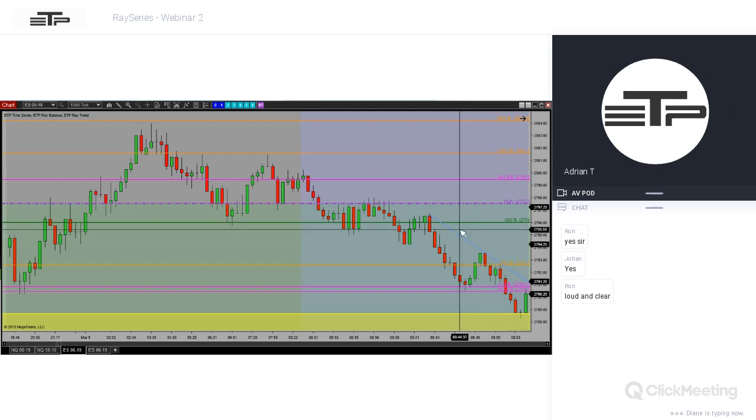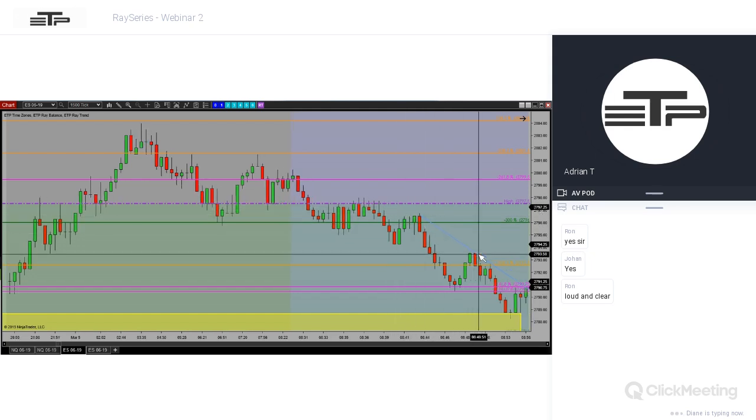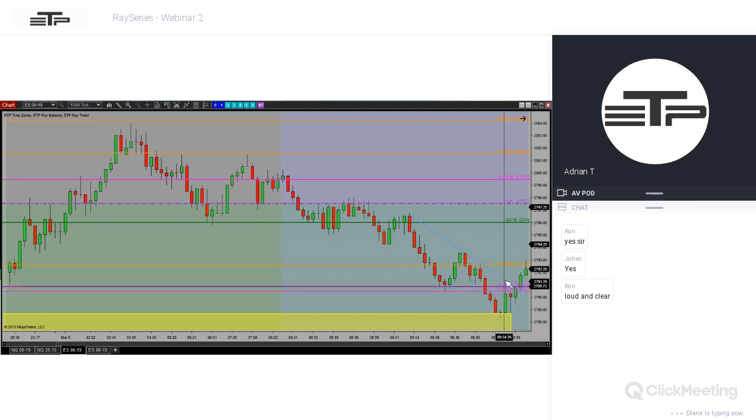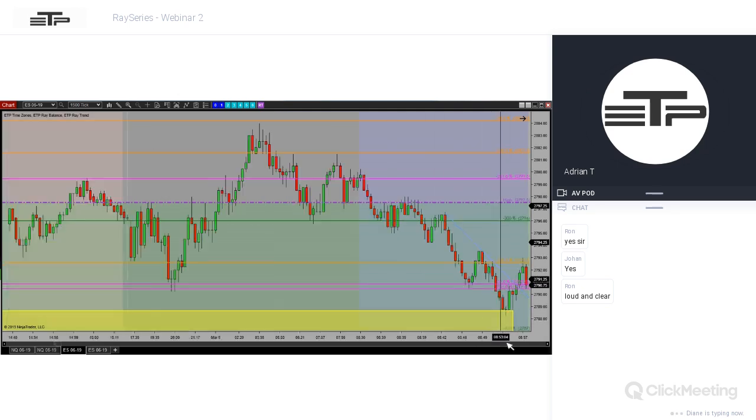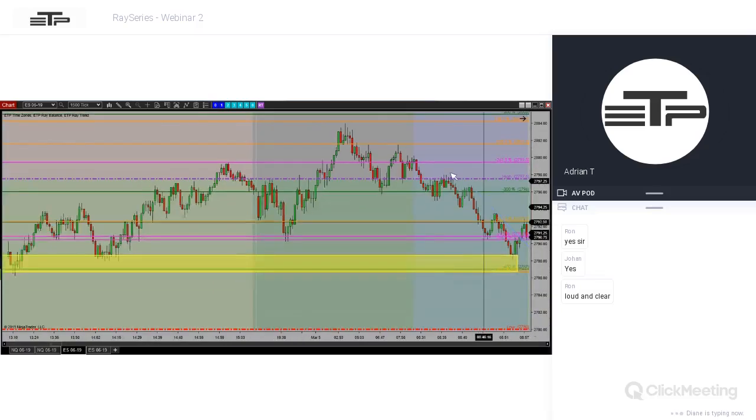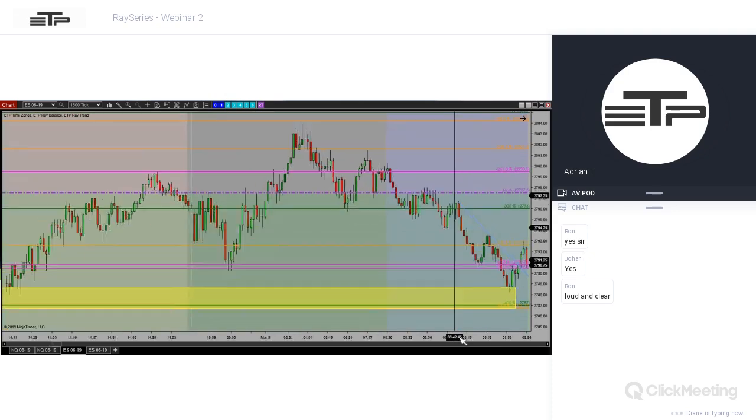What we like to do though is use the ray lines themselves and draw trend lines for this sort of situation where you're not 100% sure that the trend hasn't changed, because it has broken the previous lower low, and it's retesting some structure, so you're not 100% sure that it will drive up from there.